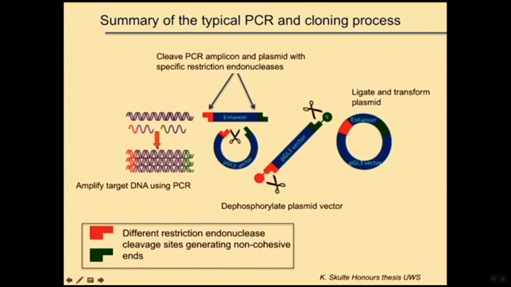You amplify up the gene you want to insert into a plasmid, engineer ends on the gene using the PCR primers. You then cut your insert as well as your plasmid with those 2 sets of PCR primers that you've chosen. Insert your gene into that vector and then use it for lots of different experiments that you can do.